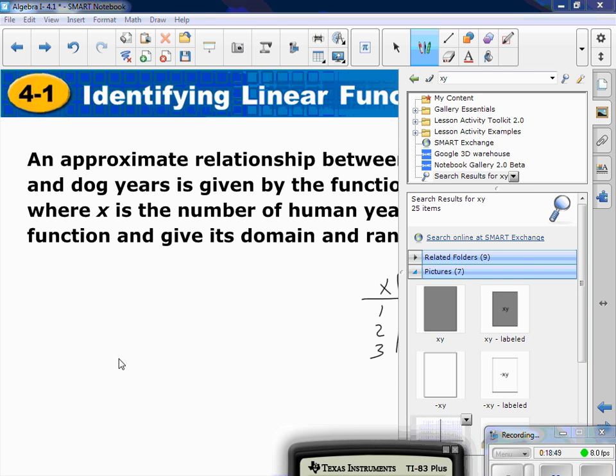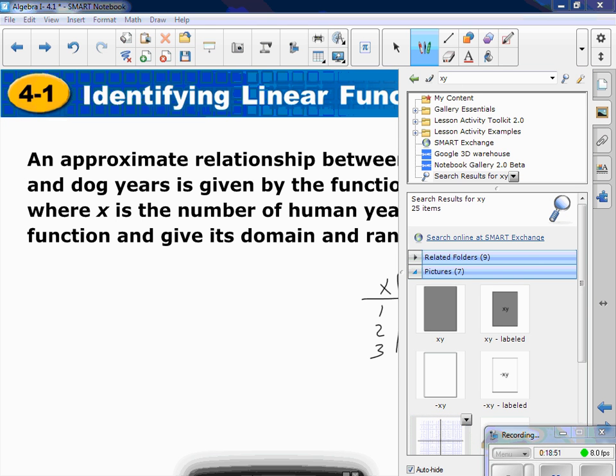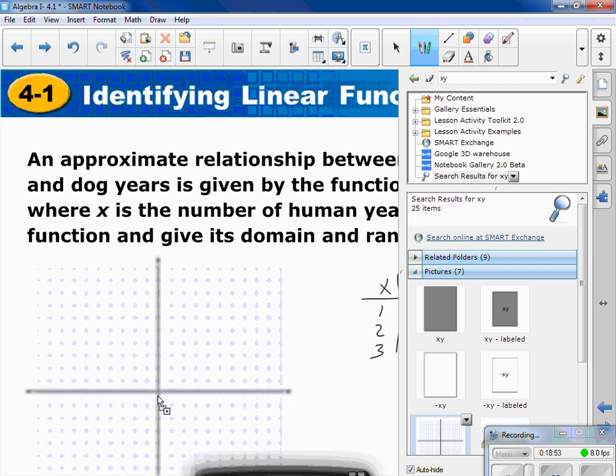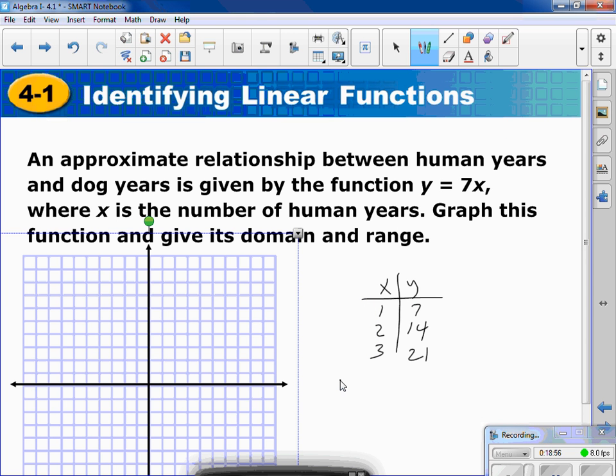Now, I have a little problem. I can't graph by ones. I am unable to go to 21 vertically. What can I do?